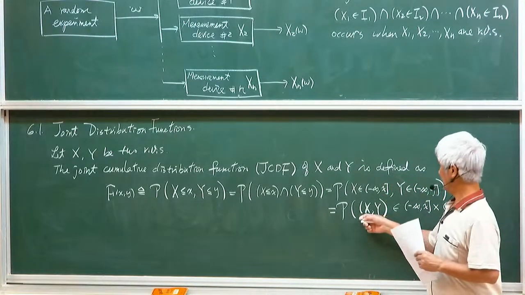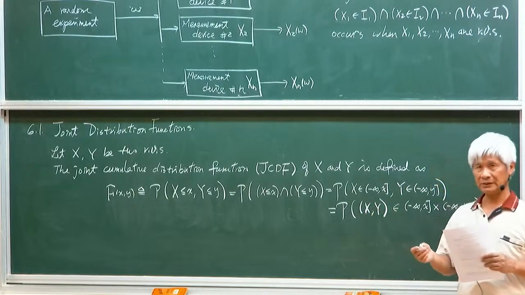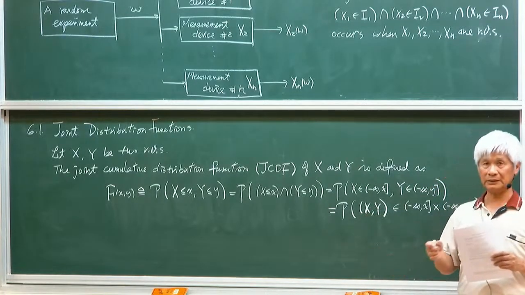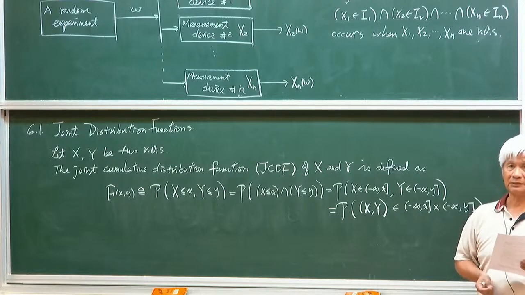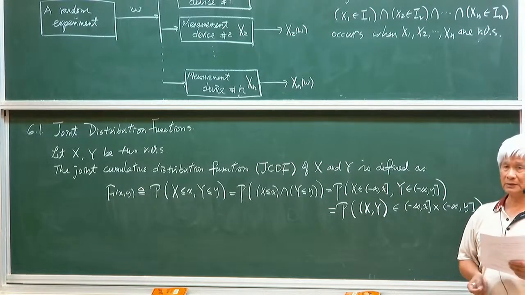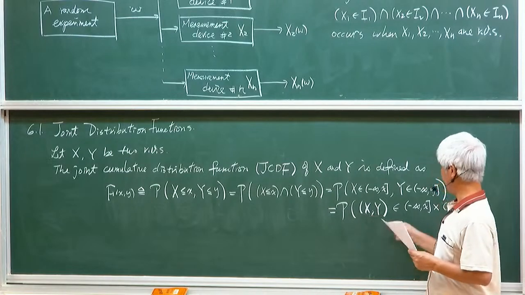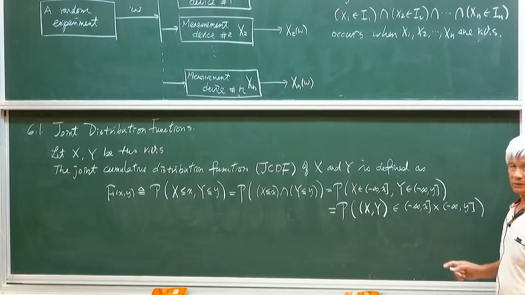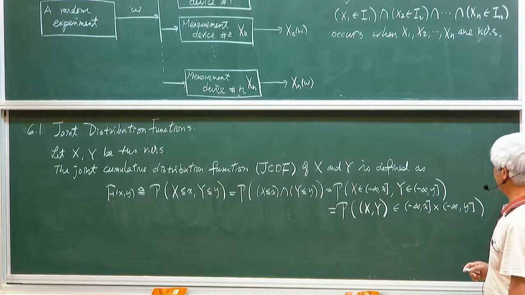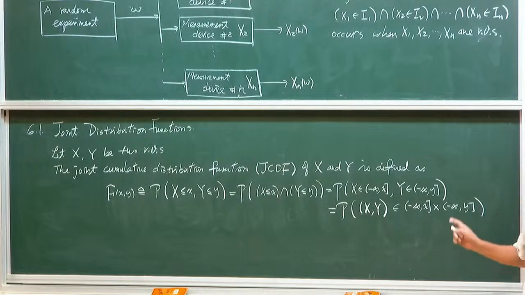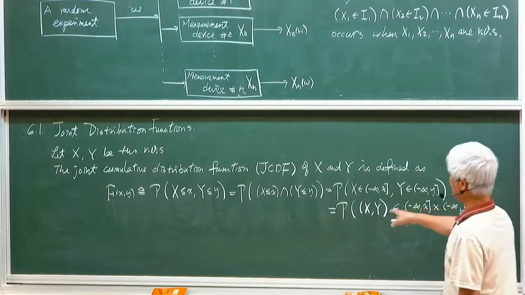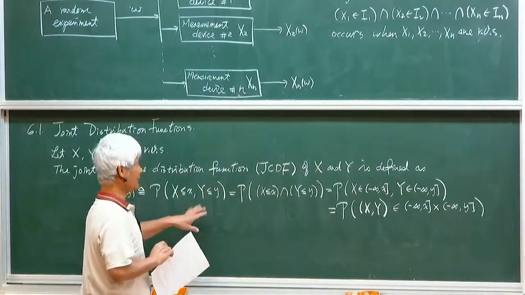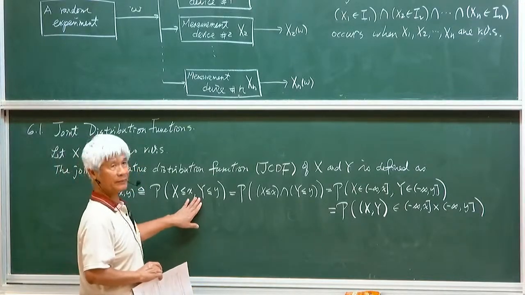Okay, so the ordered pair. When we put two functions as an ordered pair, it becomes a vector function, and this is the Cartesian product of two intervals. Do you have any question about the Cartesian product of two sets? Okay, so no questions. Good. All right, so there are quite a few different ways to describe the same events.